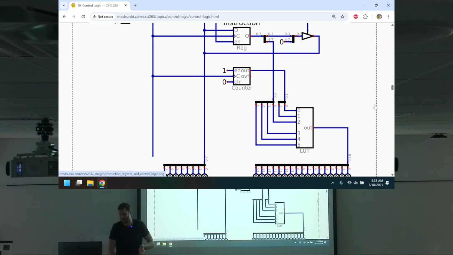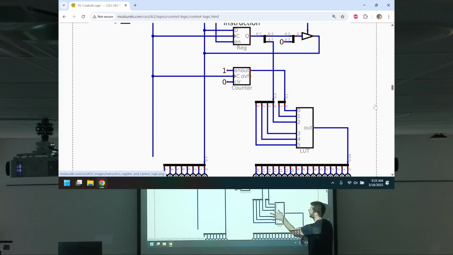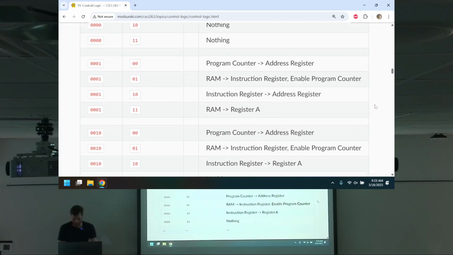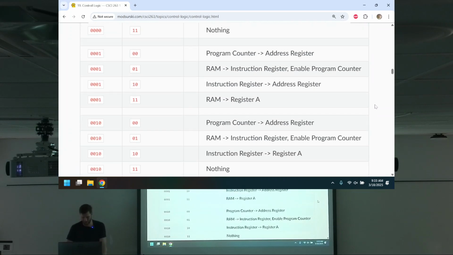It's just input, output. It's a map. But we are logically breaking it down: this specifies an instruction, and then if we're doing instruction 0001, then we're doing this step, this step, this step, this step, right? That's how we're thinking about it.